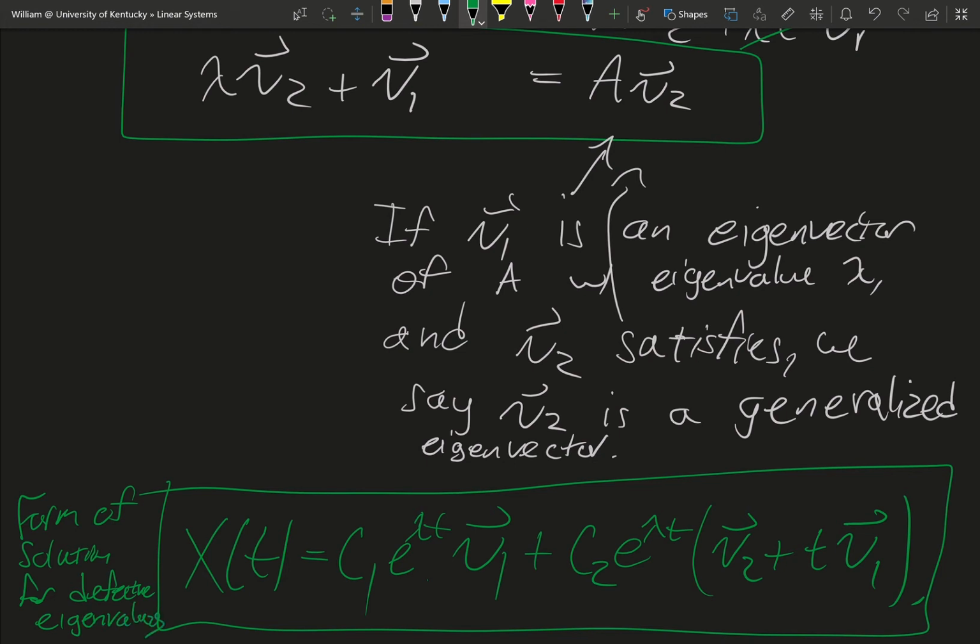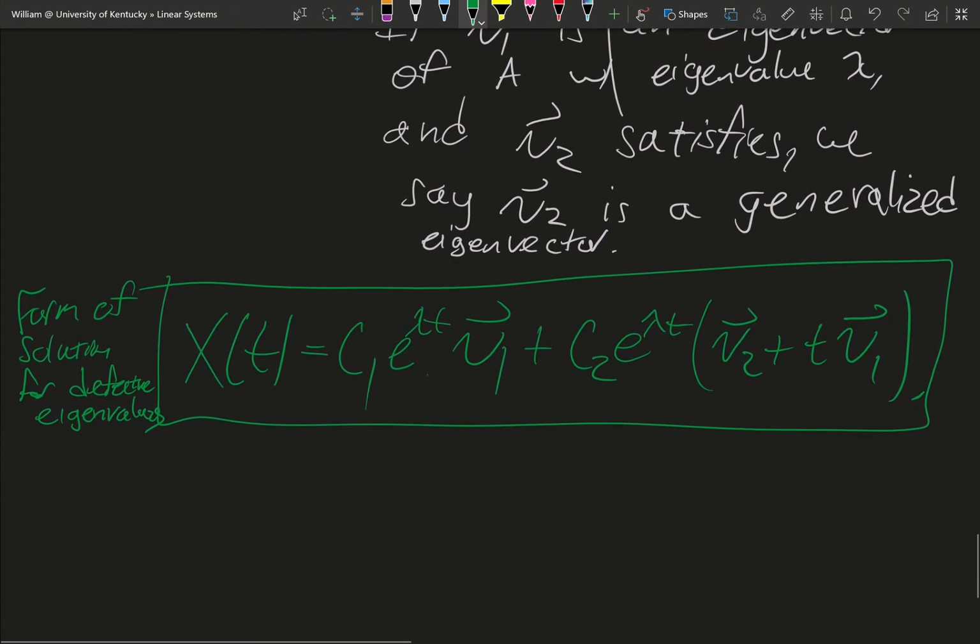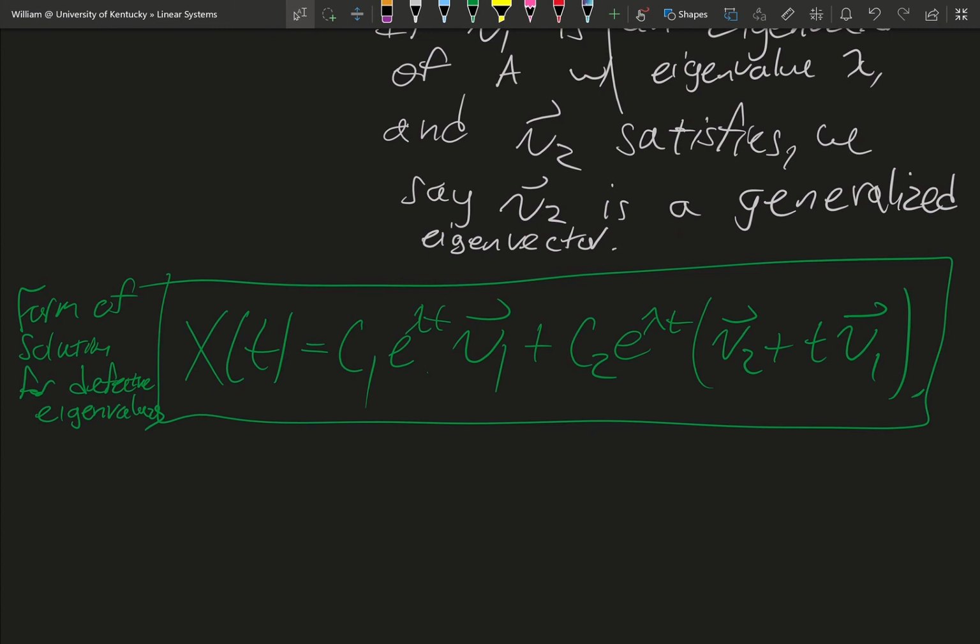So this is our form of our solution if we have a defective eigenvalue. All right. So I'm going to do a few examples.